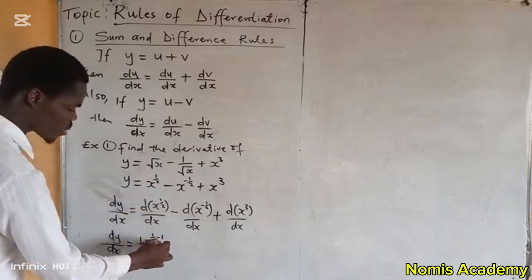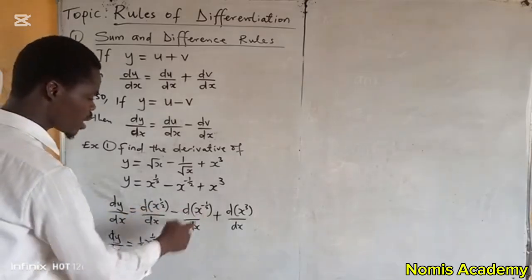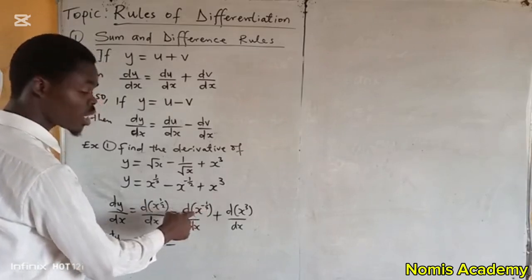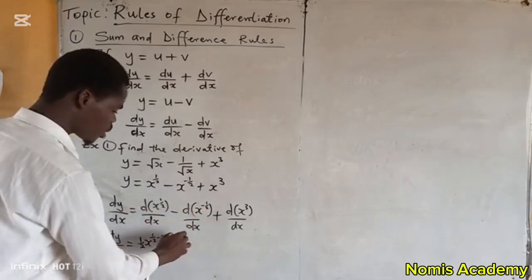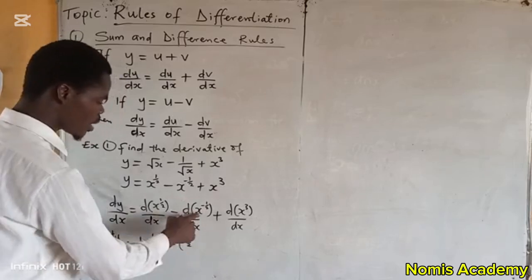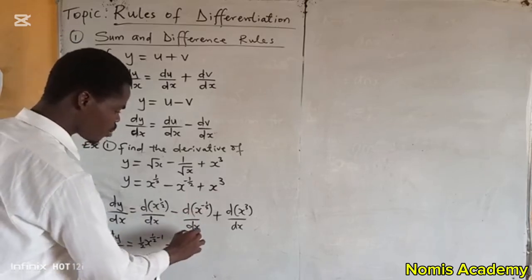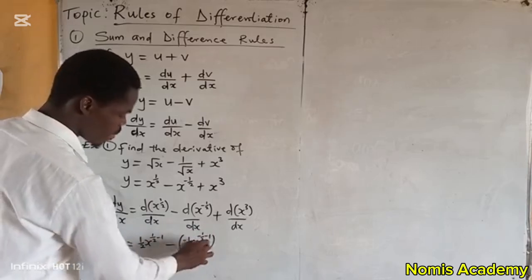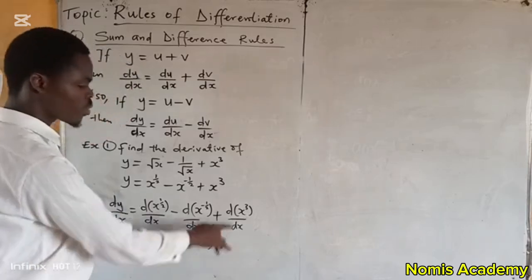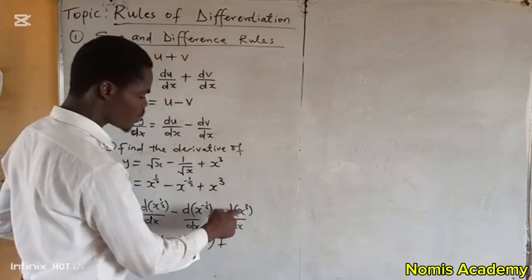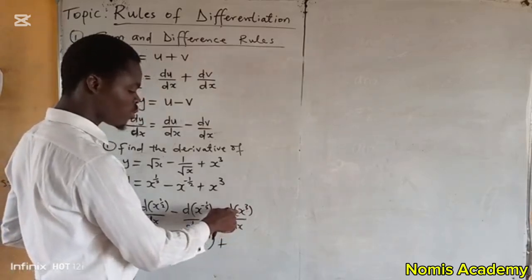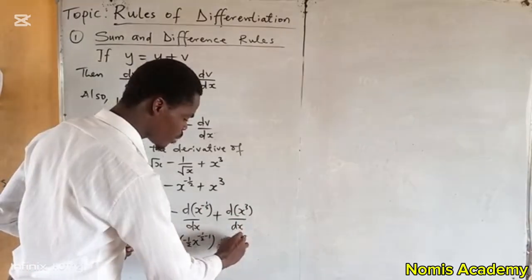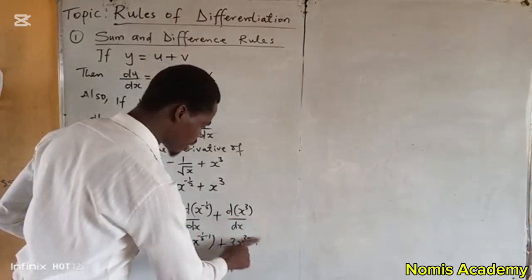We move to the next, minus. To differentiate this, minus 1 over 2, we multiply by the coefficient, which is 1, and that will give us minus 1 over 2, and here we have x raised to the power of minus 1 over 2 minus 1. Then we move to the next one. To differentiate this, 3 is going to multiply the coefficient of x, which is 1, and that will be 3x raised to the power of 3 minus 1.